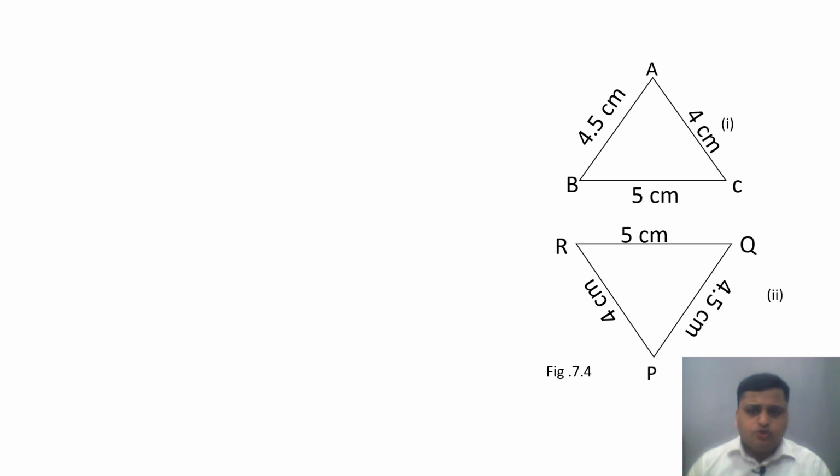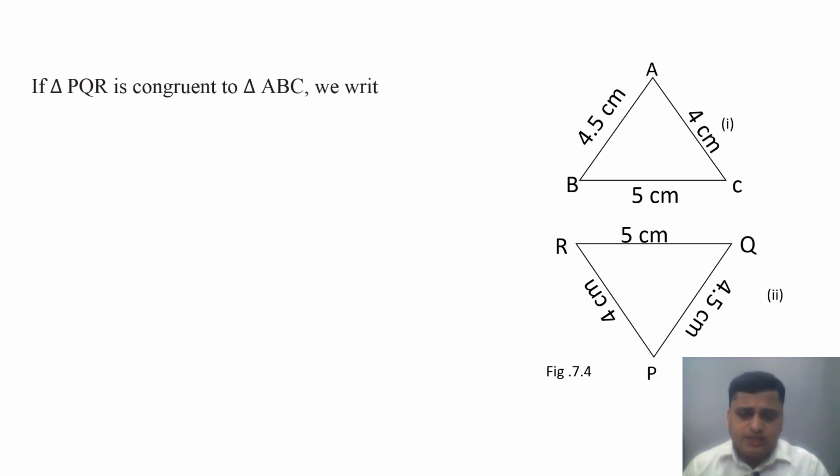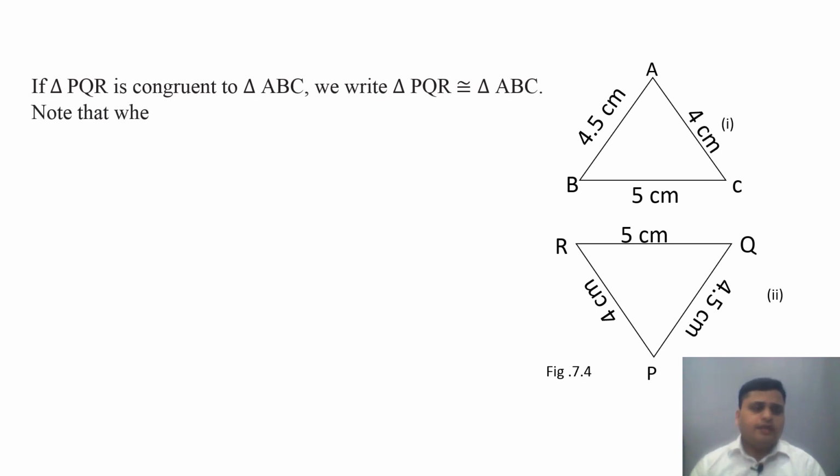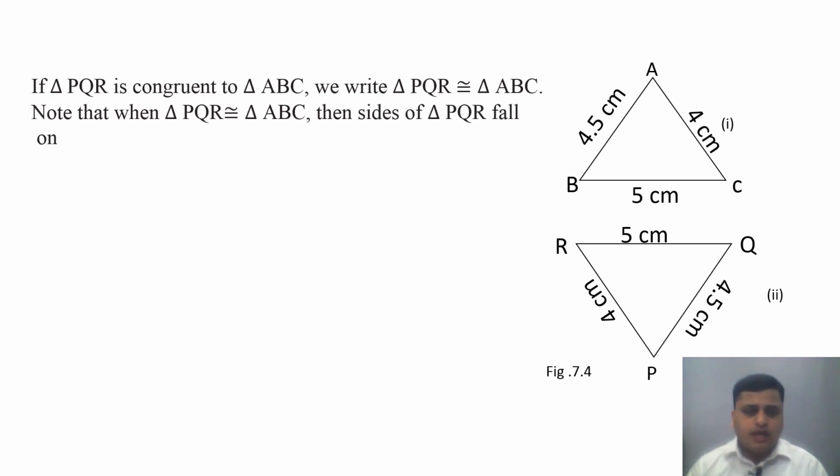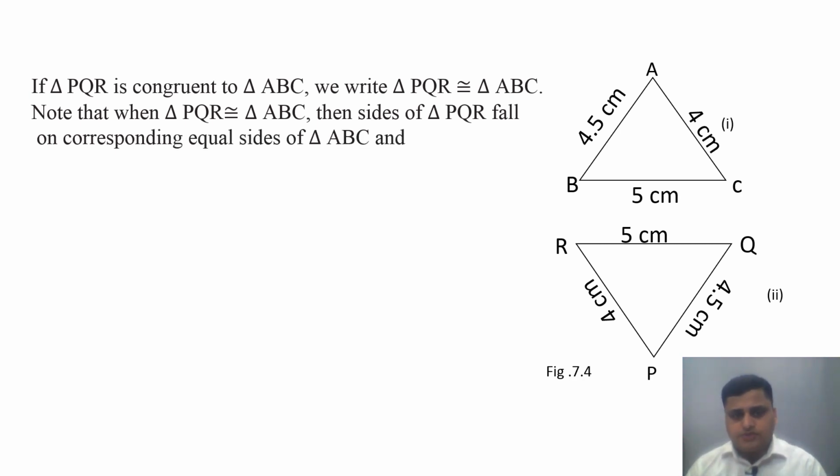After this, you can see that I have taken these two figures. First one is triangle ABC, and the second one is triangle PQR. Now if triangle PQR is congruent to triangle ABC, what do we write?